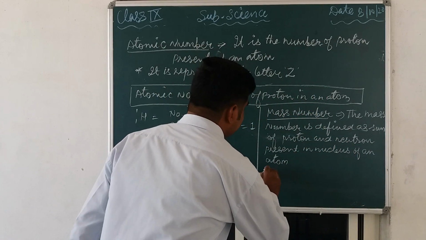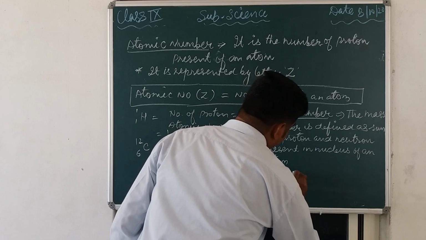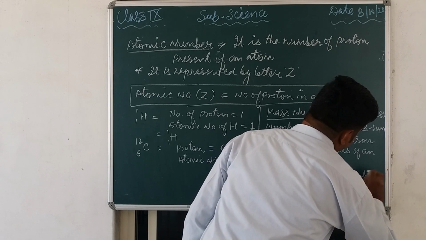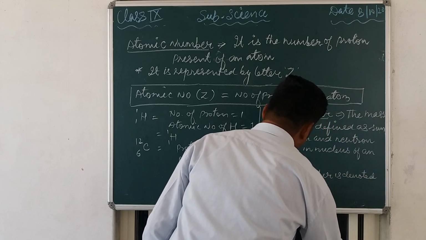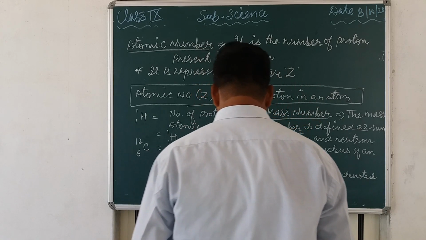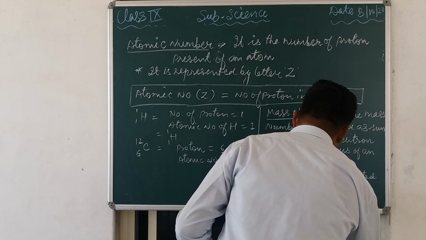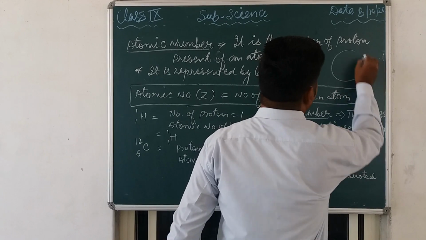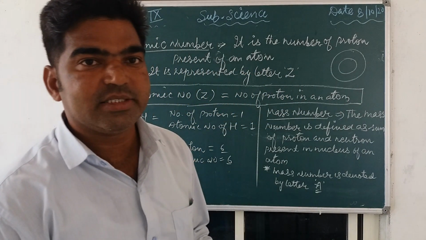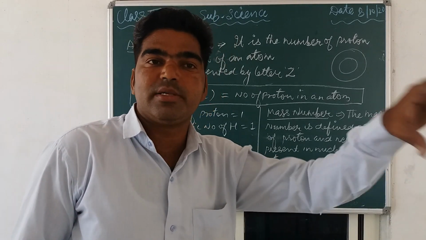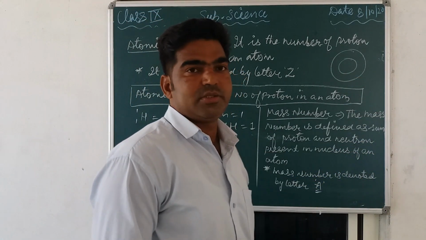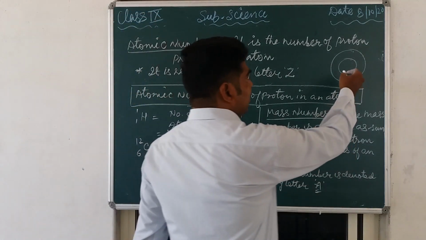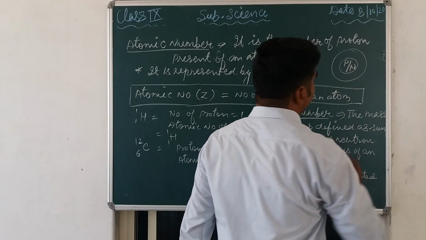So as you know, suppose this is an atom and this is the nucleus, and we already know that the whole mass of an atom is considered to come from where? From the nucleus. In the nucleus, protons and neutrons are present.